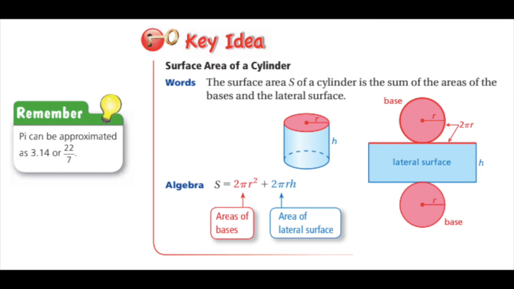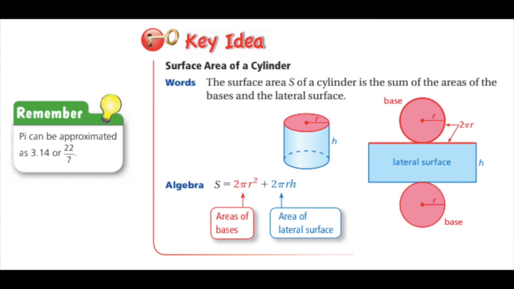And then you can see where that rectangular lateral surface is 2 pi r h, or 2 times pi times radius times the height. And so when we put the dimensions into the formula, we're able to come up with the surface area for the cylinder.